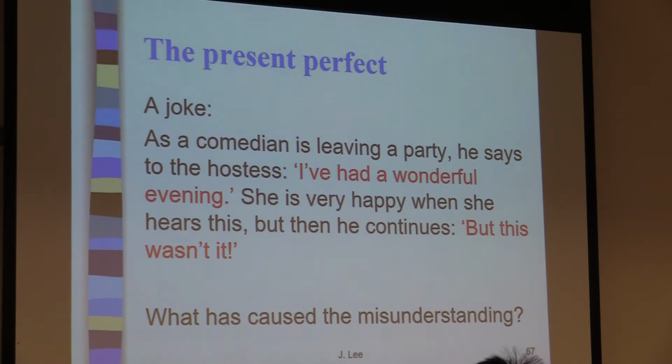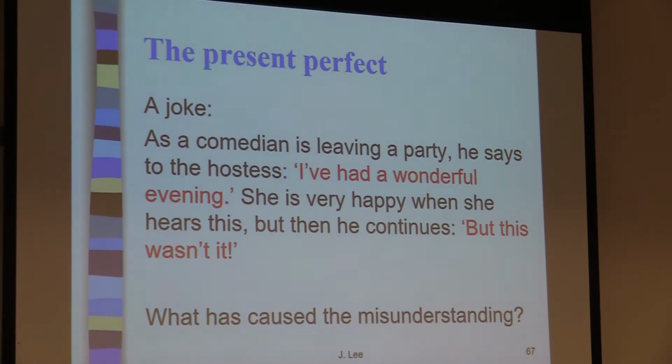It means completed action. Then that means this one, right? Actually, not that one. It's about his experience. Some time ago, he had a wonderful evening. So he said, "I have had one, but not this one." I have had a wonderful party, but not yours. So that's the meaning of an experience.